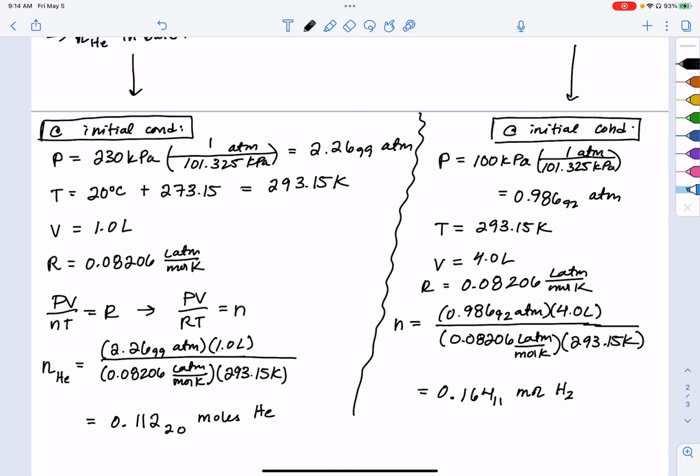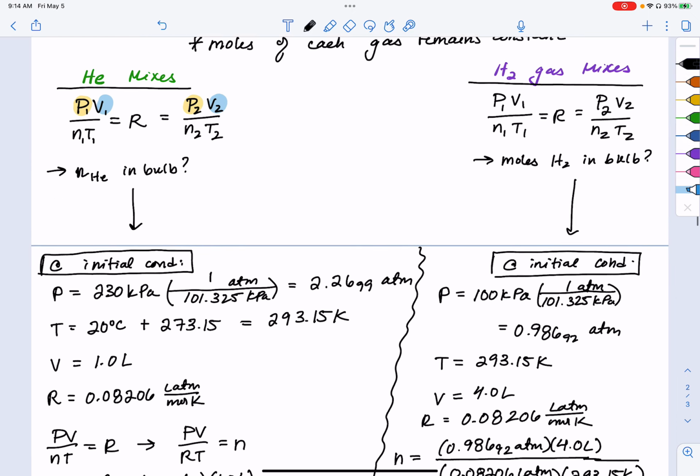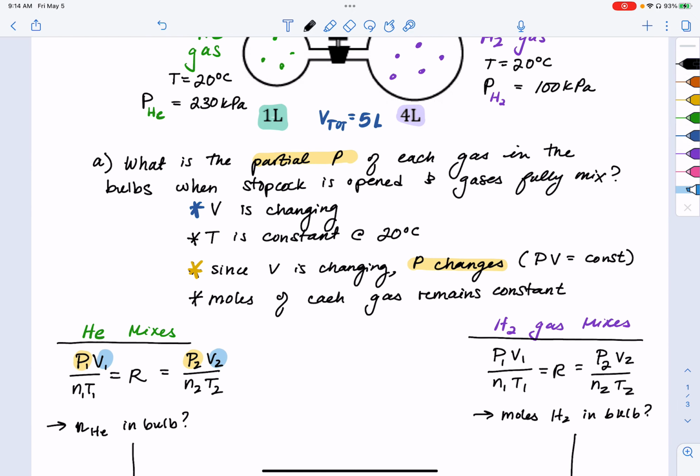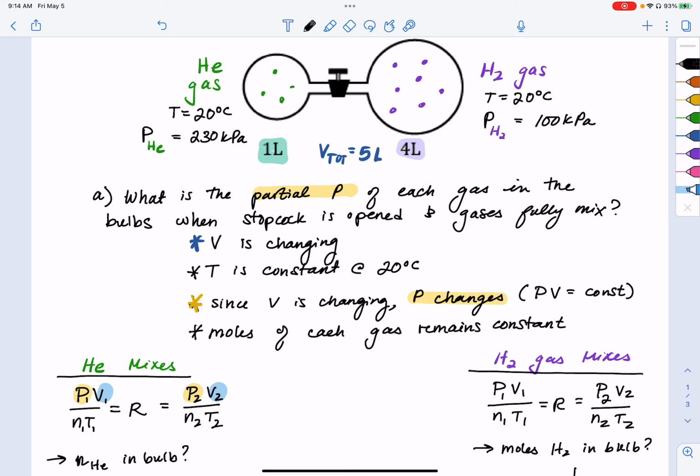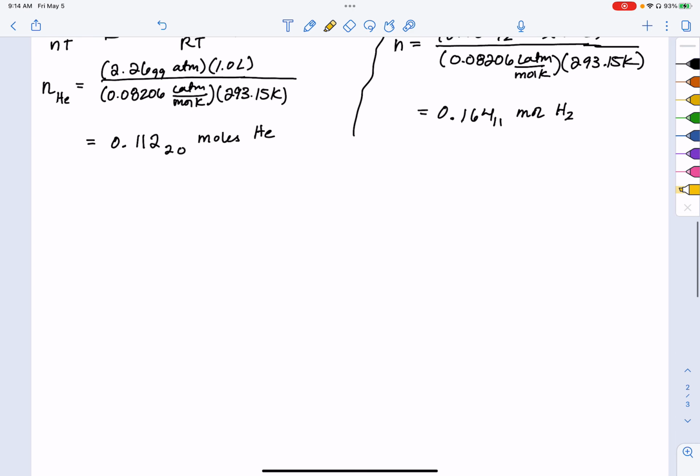Okay, now why is this useful? Let's look at what we are asked for. We want the partial pressure of each gas. So let's see here.